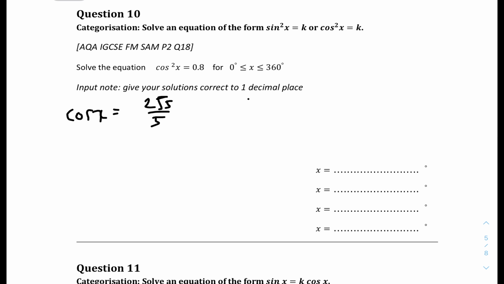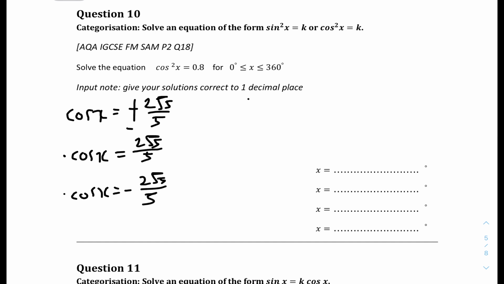But don't forget, when you square root a number, it will be plus and minus, because if you square a minus, it will be a plus. So there will be two answers here.